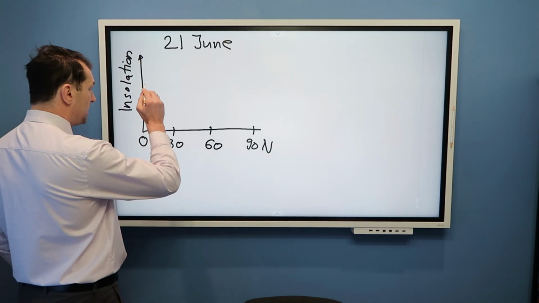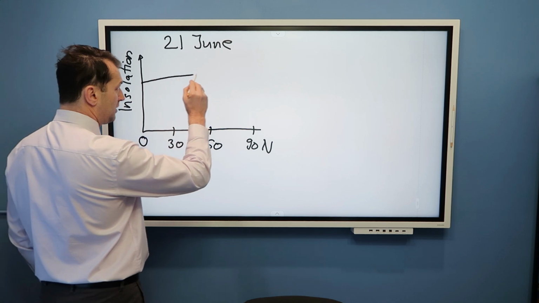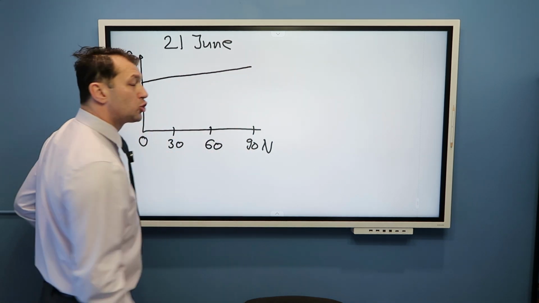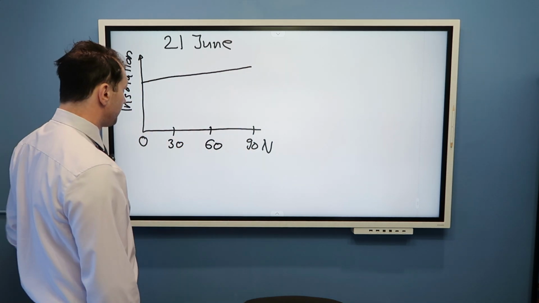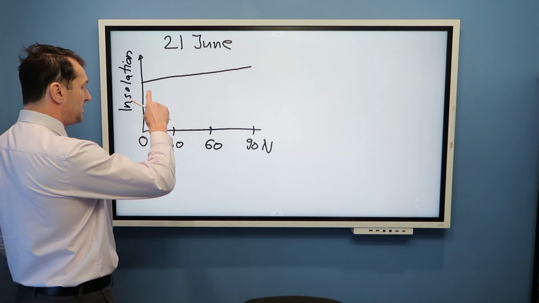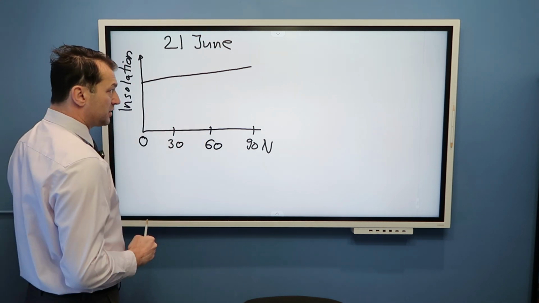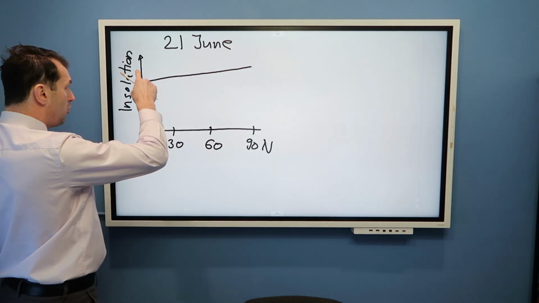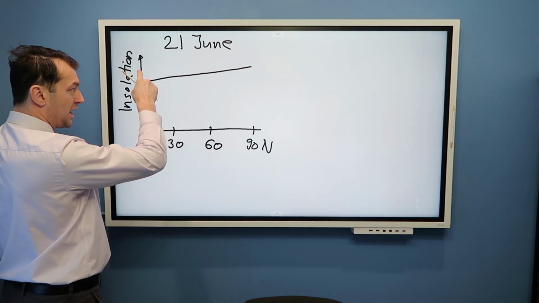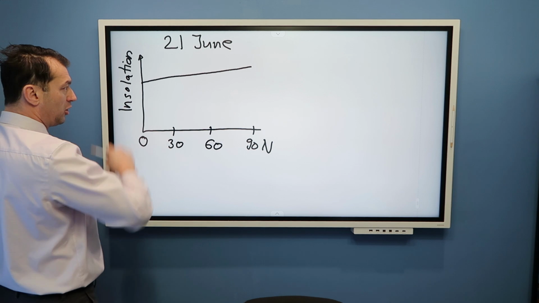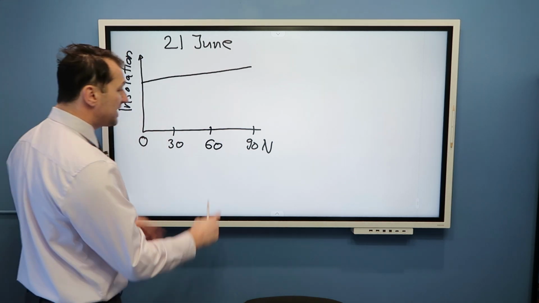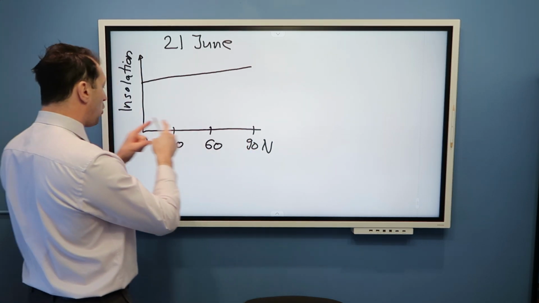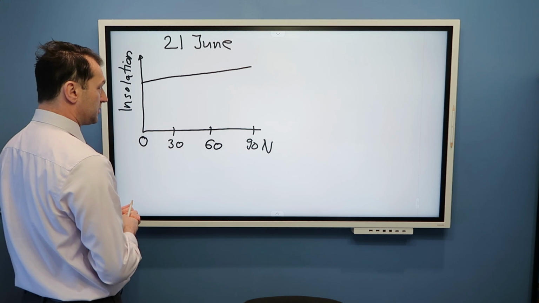And this curve represents the top of the atmosphere. So you can see indeed that at the top of the Earth's atmosphere, the North Pole receives more radiation accumulated over 24 hours than the lower latitudes. And yet, the North Pole is colder than the lower latitudes.